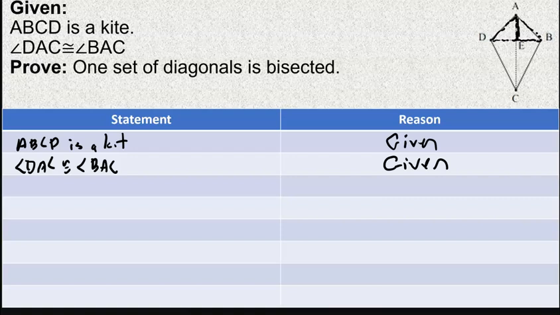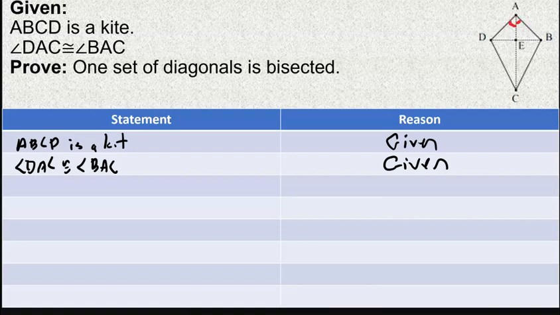In that case, I have to use the property that I showed in the previous example, which is that angle DAC is congruent to angle BAC. Thankfully, it was provided in the given, so I don't need to go hunting for evidence for that. That's my strategy. Let's get started.